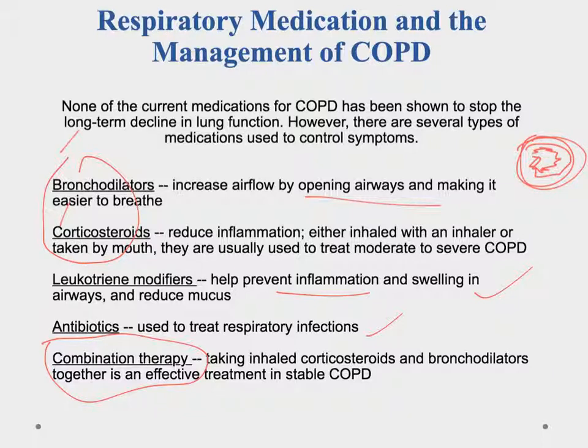So they do their inhaler in the morning, and after that, they brush their teeth and rinse their mouth out. It's a good practice so that they remember to take their inhaler, and they remember to rinse their mouth out after they do it. It's just a good habit to teach a patient.